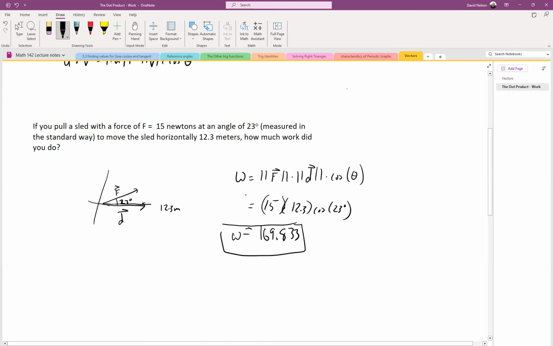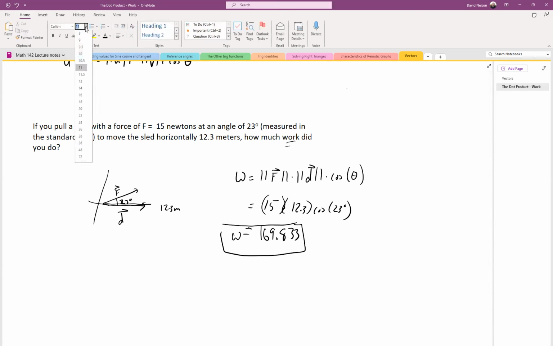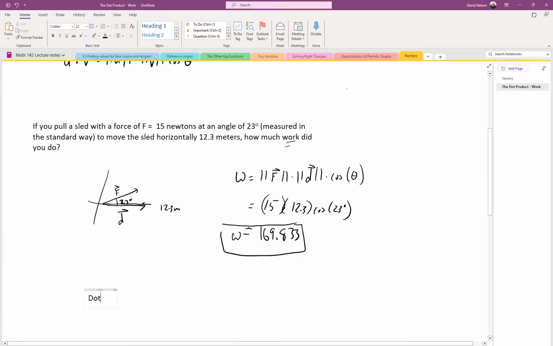So in general, you're looking at the dot product, so that's the magnitude of the first one times the magnitude of the other one. One thing in particular to note is that the result when you do the dot product, the dot product is sometimes called the scalar product.